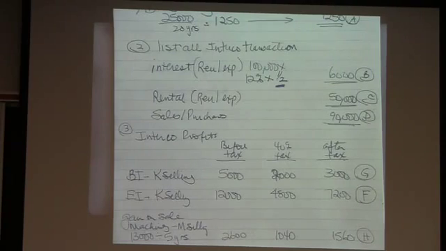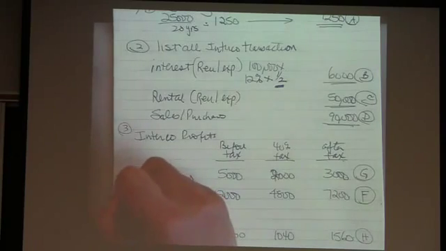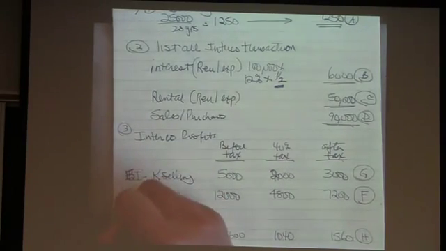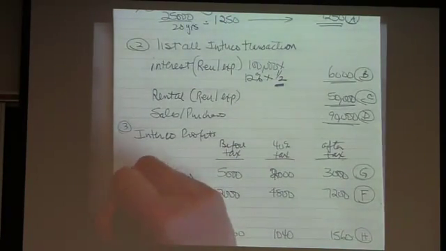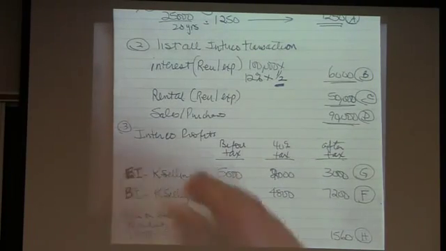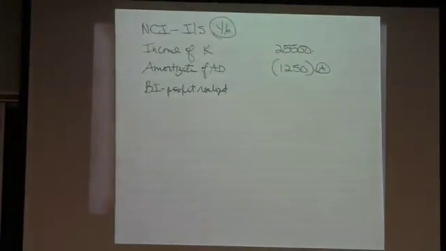It says December 31st, year 6, M contains profit of 5. Oh, I got this backwards. This is ending inventory, and this is beginning inventory. Sorry. Ending inventory, beginning inventory. Okay, that's why it doesn't make sense.